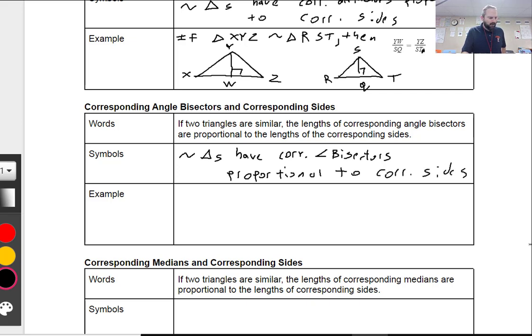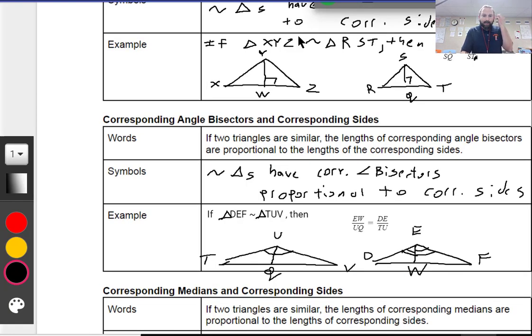Now what does this look like? Instead of it being 90 degrees, I know that this cuts this angle in half, and this one cuts this one in half as well, and they have the same angle, then I know I can write it out. So let's pause this and I'll go on from there.